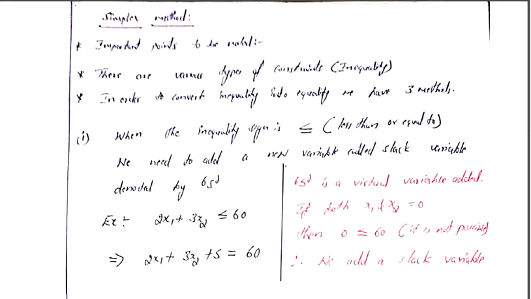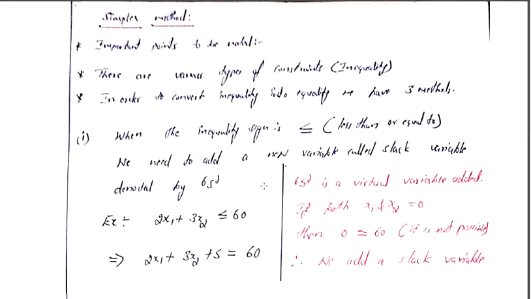So there are various types of constraints, that is, inequalities. In order to convert an inequality into an equality, we have three methods in the simplex problem solving technique. Let us look into the first method.